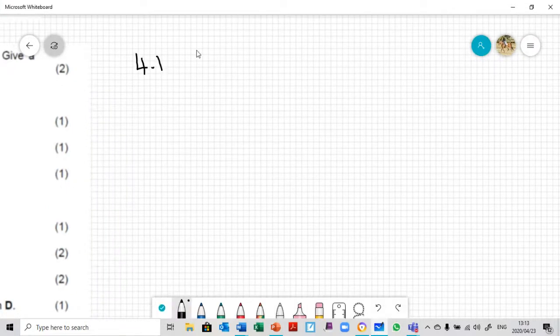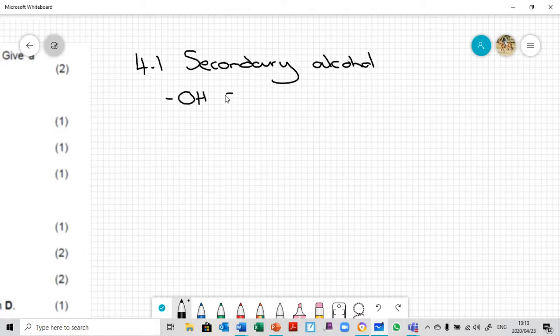So we have established that this is a secondary alcohol, so that gives you 1 mark. Your second mark you're going to get by saying the OH is attached to a secondary carbon.